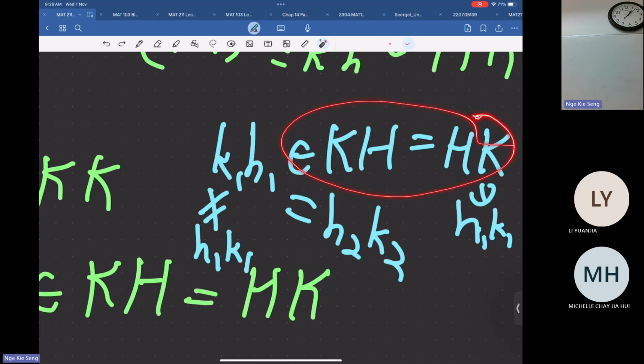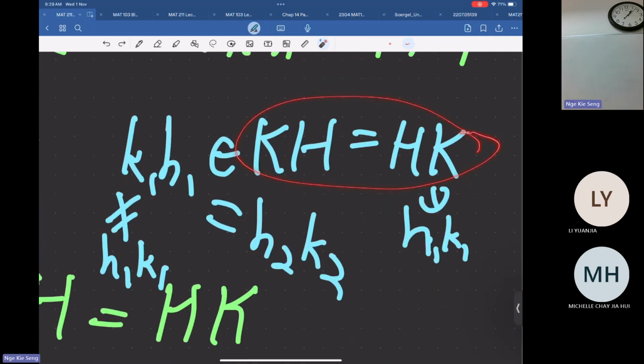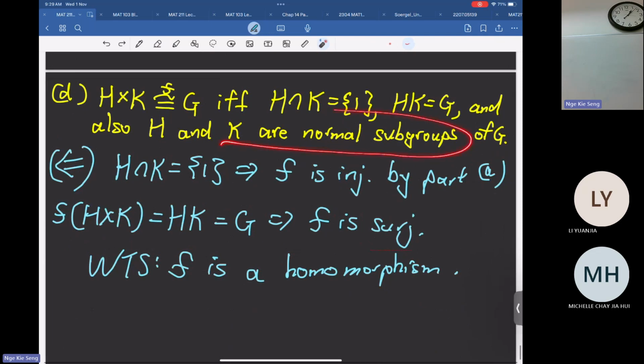But at the level of sets, they are equal, meaning k1 h1 might be equal to h2 k2. To be a homomorphism, we demand more: we want k1 h1 equals h1 k1. That's why you see there's an extra condition here: K is also normal. Both H and K are normal, and somehow that gives us this stronger condition, that K and H commute.